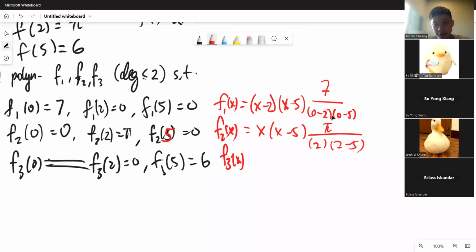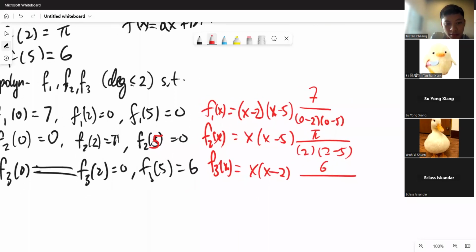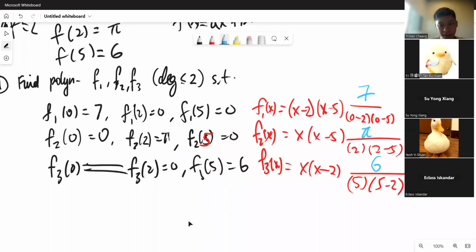So that when you put x equals 2, these cancel. Then the next one is easy, same thing again: x times (x minus 2), and then 6 over, when you put 5, 5 times (5 minus 2). So we notice a pattern here. The numbers 7, pi, and 6 just follow from what we want them to be.